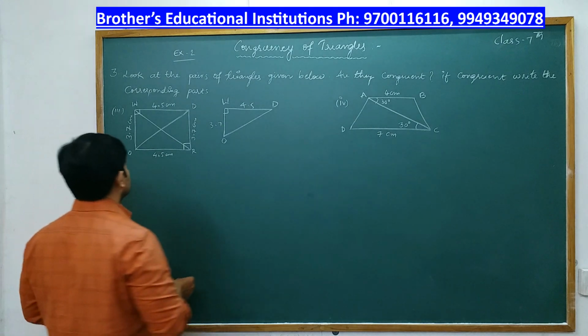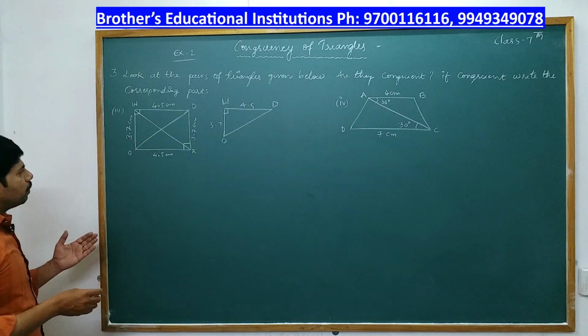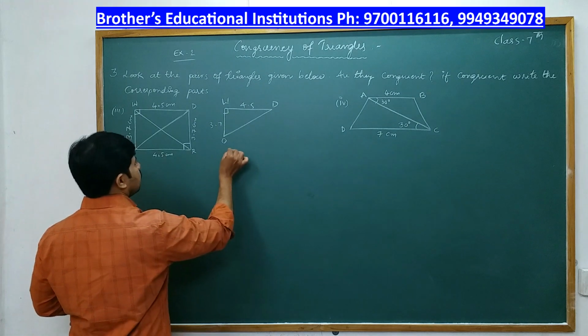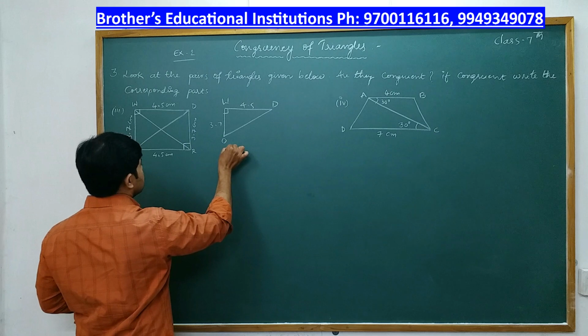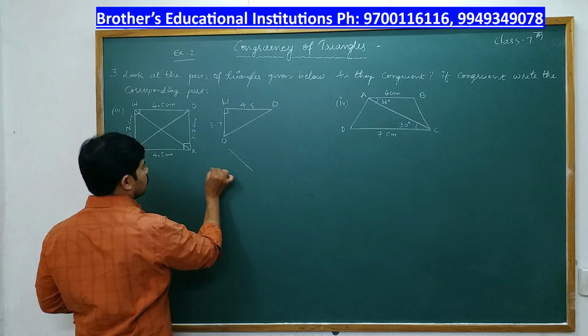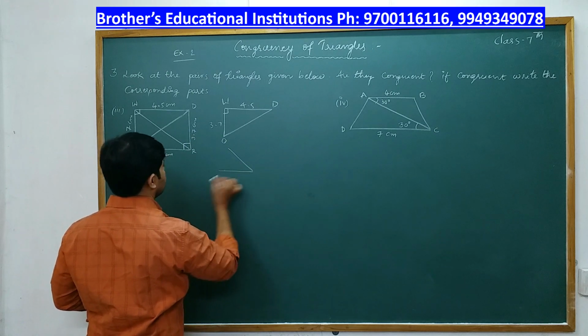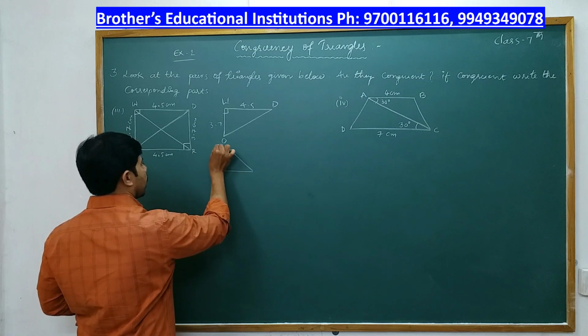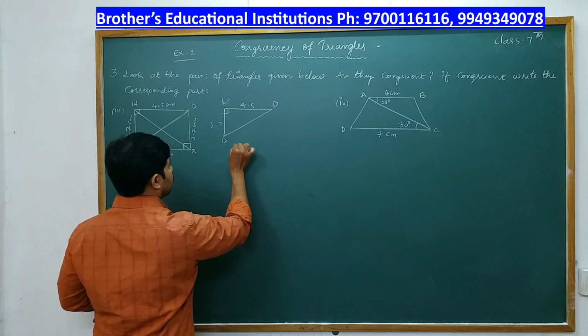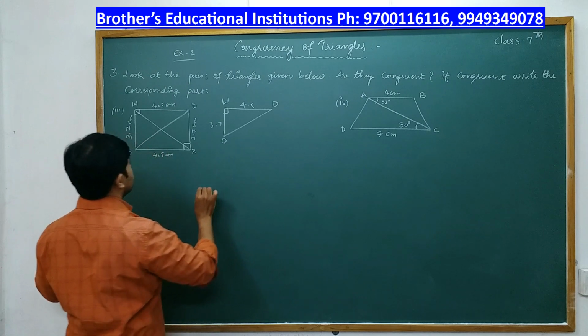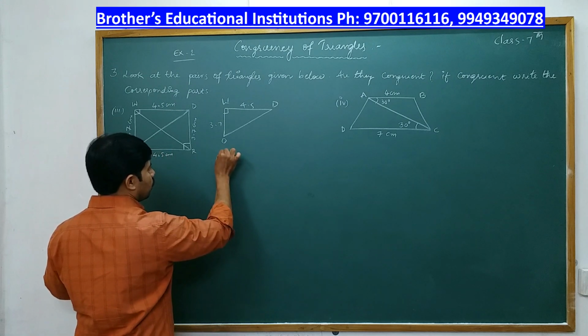Okay, sorry, diagonal we can take WR. With diagonal OD we got one triangle, with diagonal WR, one more triangle.